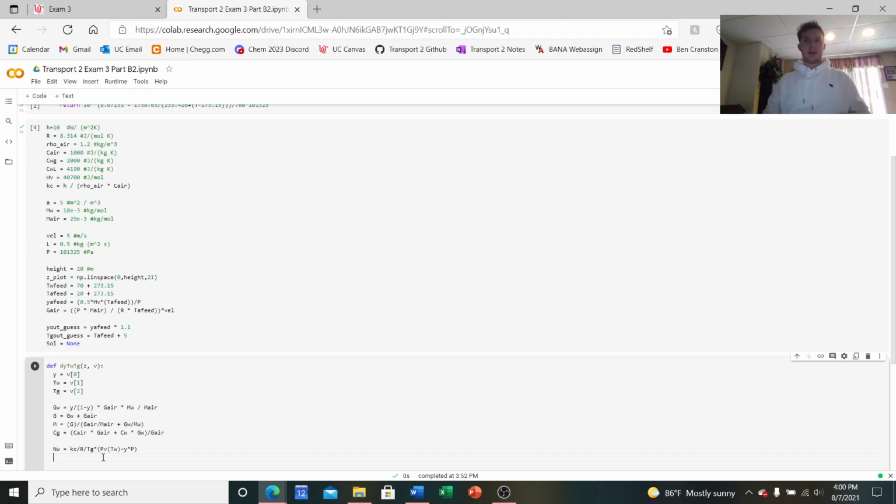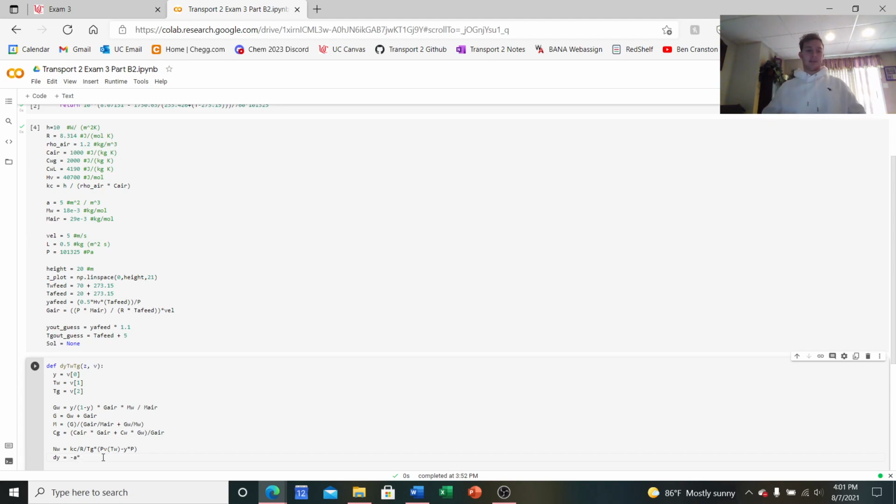And so now that we have that, we can also add in our equation for the differential of y, which is the change in the mole fraction of water as it transfers through. We don't have it with respect to dz right now in terms of the variable, because it's easier. So this is going to be the negative specific area.